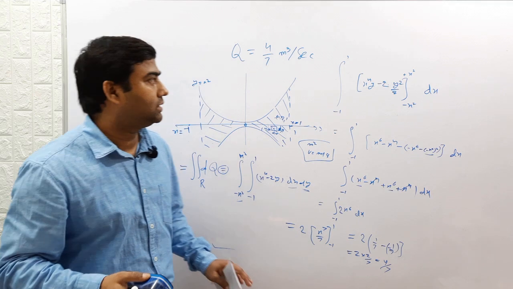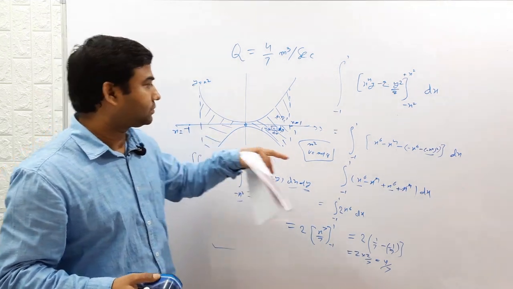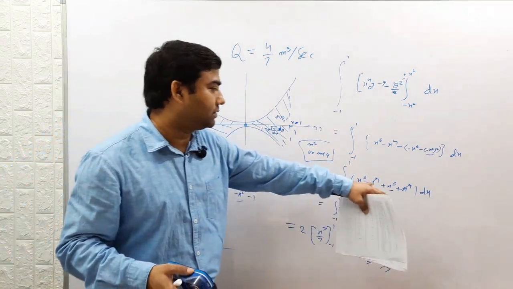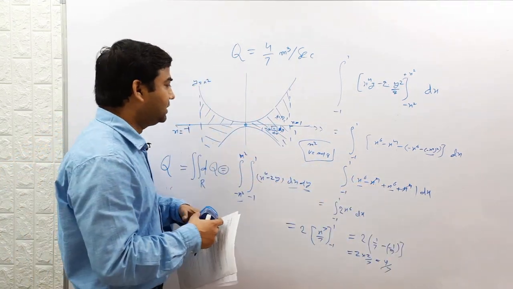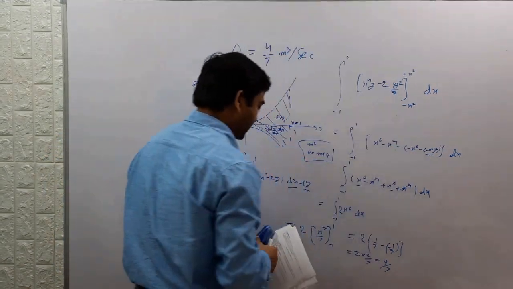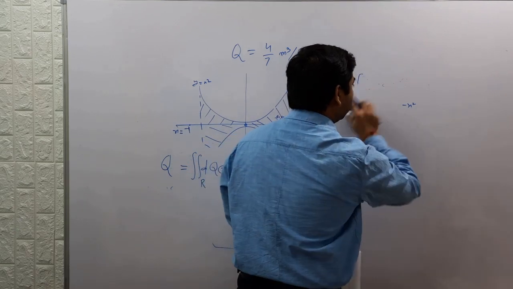So in double integration, as we have discussed, there is an equation of area and there is an equation of function. Here we have found the equation of area as well as the equation of function.